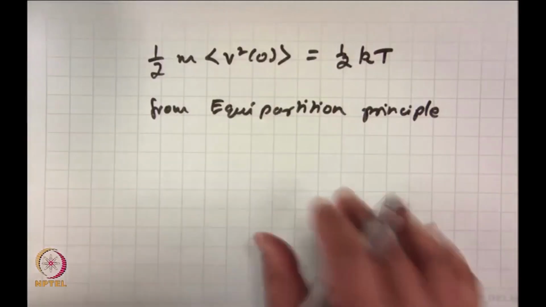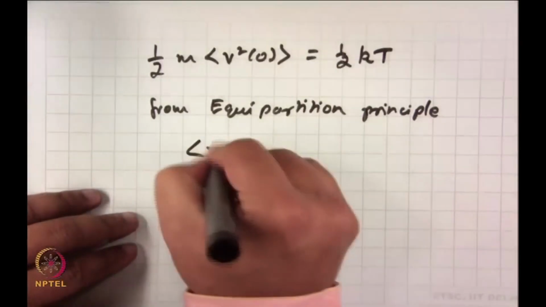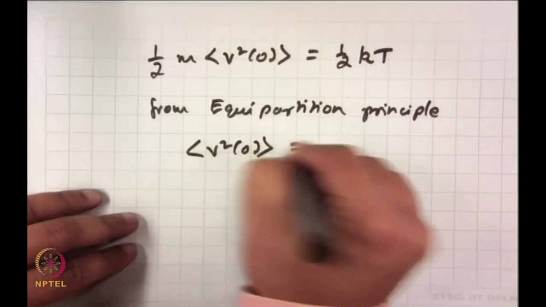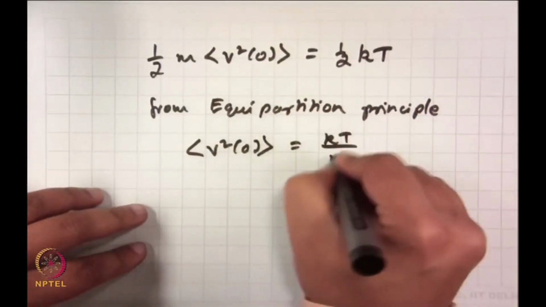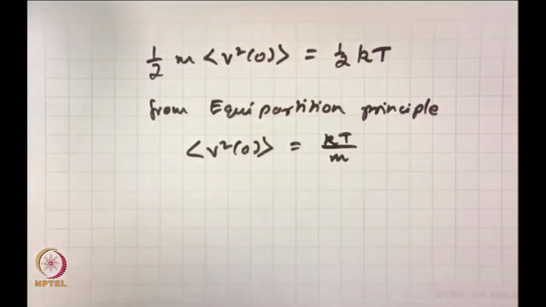So then you can replace v square 0, the ensemble average, by k T over m.